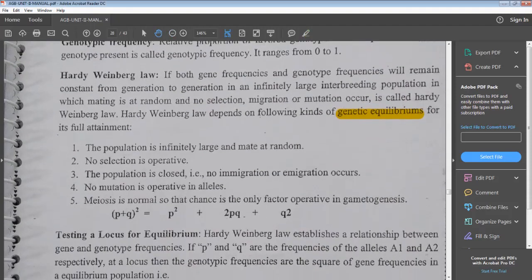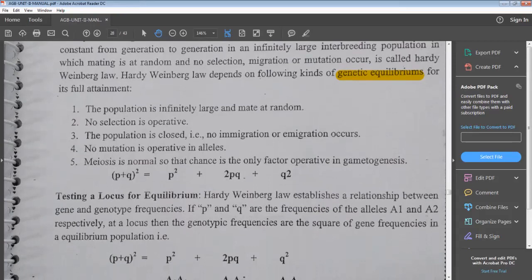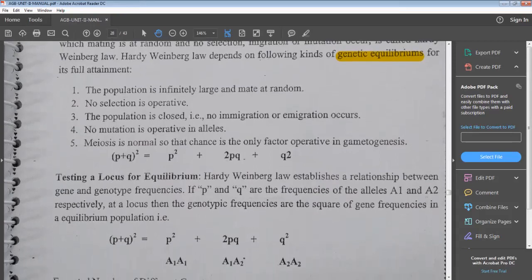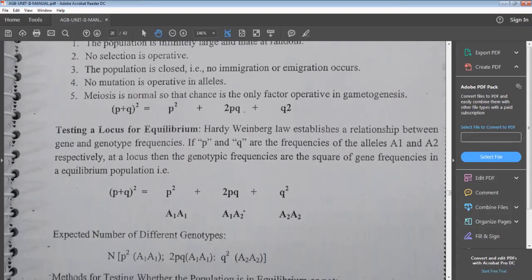What are the characters for a population to be in genetic equilibrium? The population is indefinitely large, mating is at random, no selection, no immigration, no emigration, the population is closed, no mutation, and meiosis is normal, so that only chance factors are operative in gametogenesis.